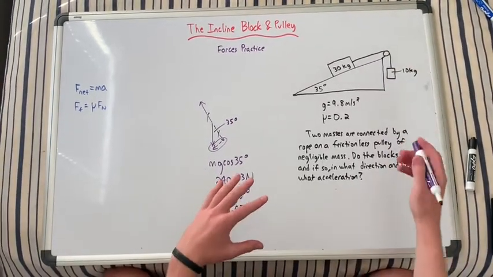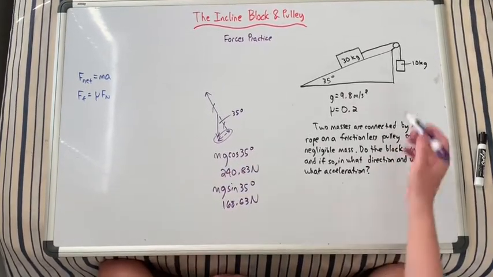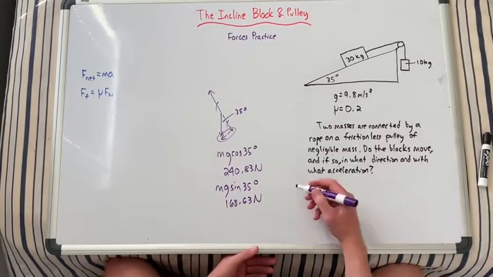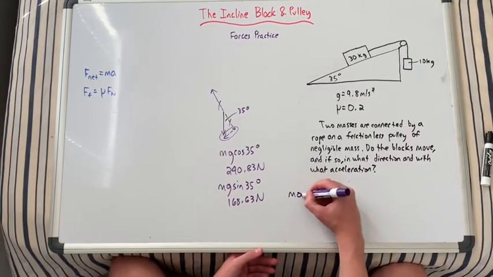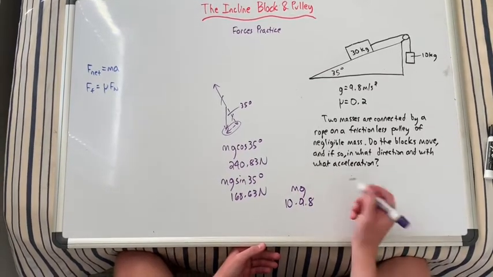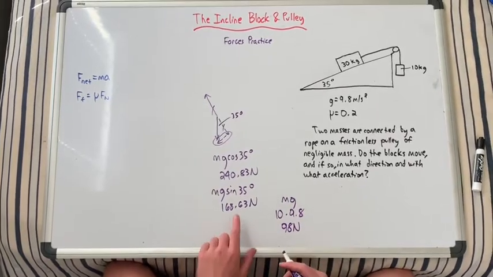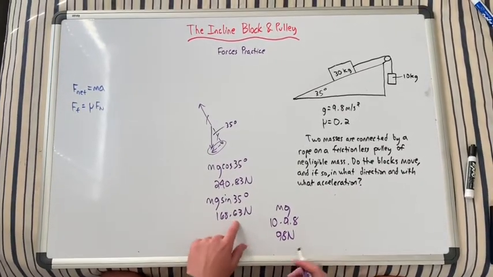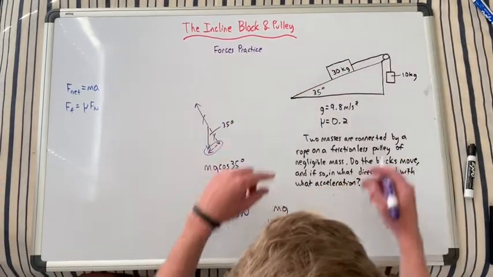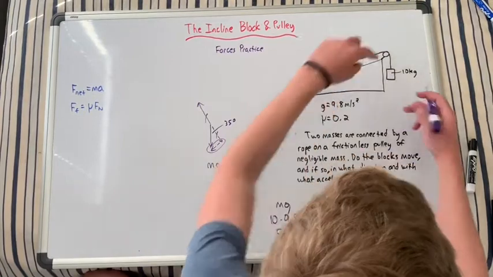And from there, we can determine, without friction, which way the block should travel. So the force of gravity that's making this block want to fall is just going to be the mass of that block times gravity, which is going to be 10 kilograms times 9.8, or in other words, 98 newtons. So we have a 168.63 newton force that makes these blocks want to move like this, and we have a 98 newton force that makes these blocks want to move like this.